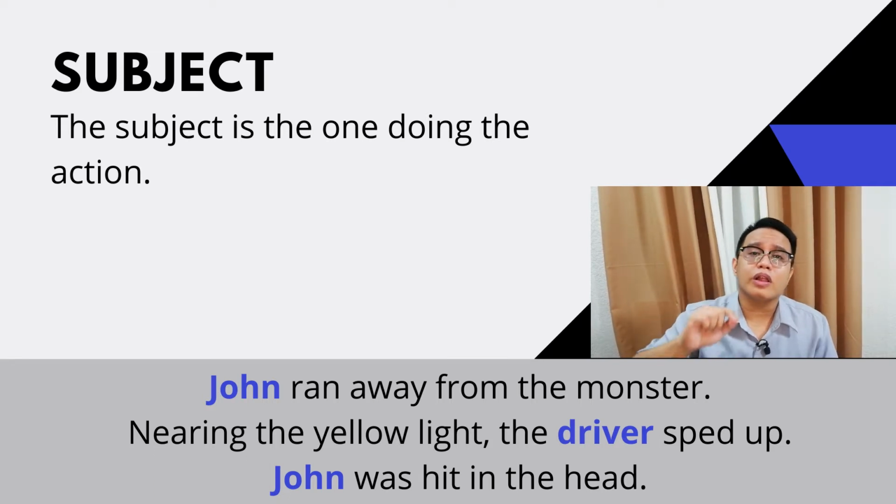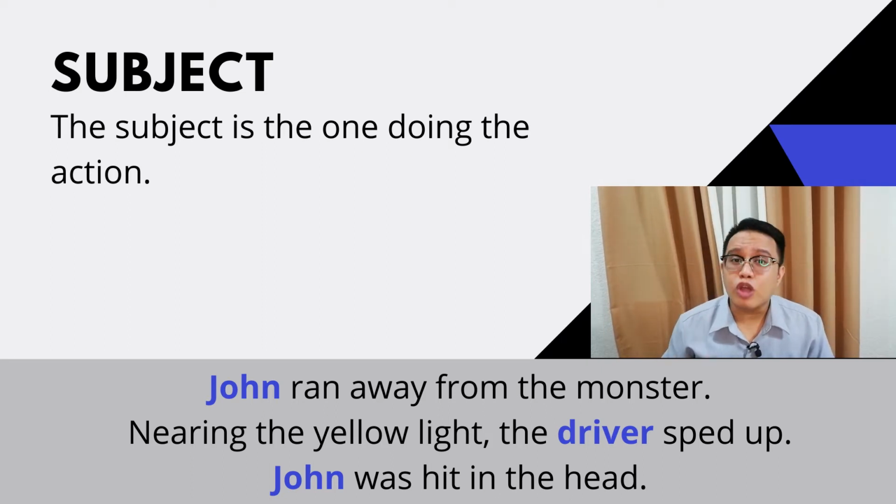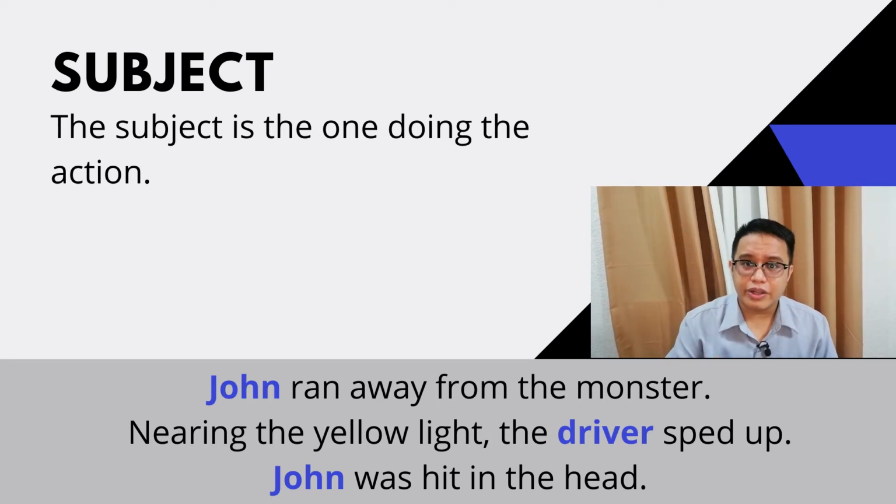So, for example, sa atong third nga example dira, John was hit in the head, even though dili si John ang nag-igo sa ulo, John was the one being talked about. Therefore, we have this one as our subject. Okay? Mao ni siya atong subject sa sentence.